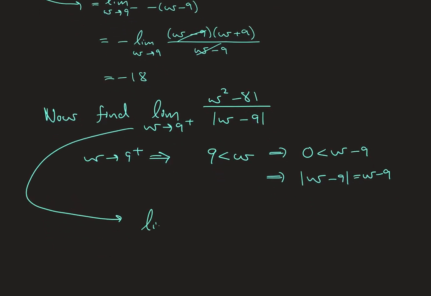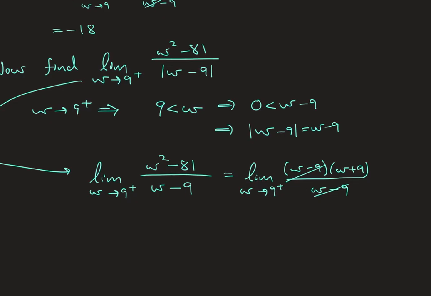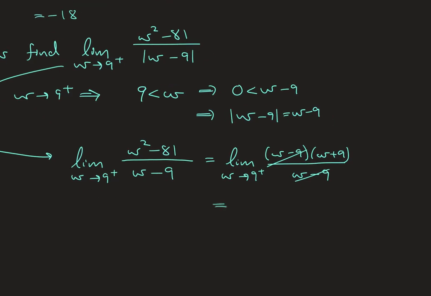The limit as w approaches 9 from the right of w squared minus 81 divided by, and I can change this denominator, I know it's simply w minus 9. But this is equal to the limit as w approaches 9 from the right of w minus 9 times w plus 9, all divided by w minus 9. W minus 9s cancel, and we are happy because this is positive 18.